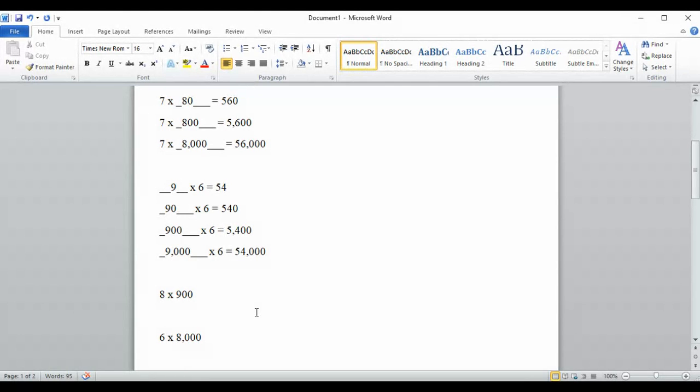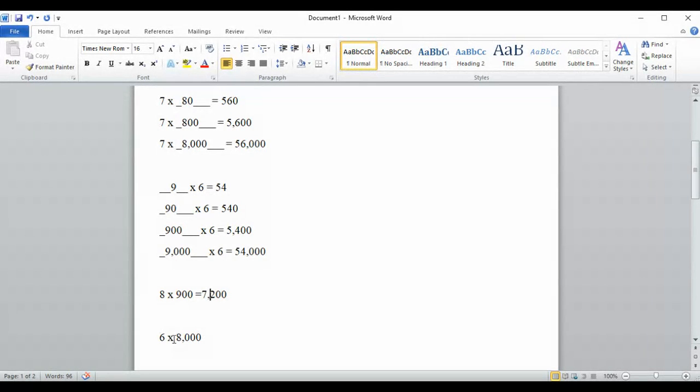Now, the next section of your workbook page is going to ask you, it will say use patterns to do mental math. Well, you can use patterns. You can say, oh, I know 8 times 9 equals 72. So 8 times 900 is going to equal 72 with 2 zeros after it, 2 zeros, because 8 groups of 900 is 7,200.